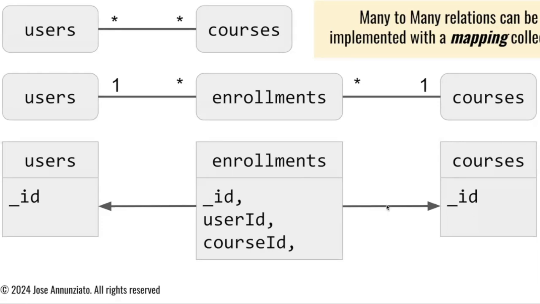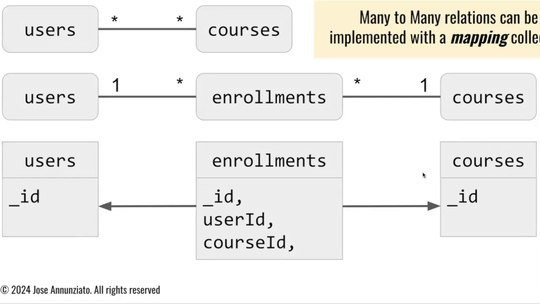The other implementation might be that the user maintains an array of the course instances, but that brings up an entirely different problem: another student might be enrolled in the same course. So you're not going to copy the entire course object in the array of courses in the user. You're going to have to copy that for each one of the users that are enrolled in that course.